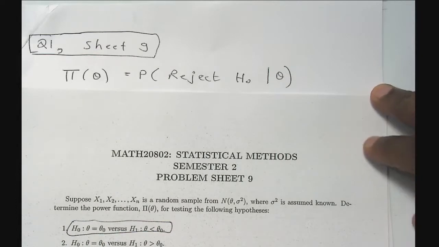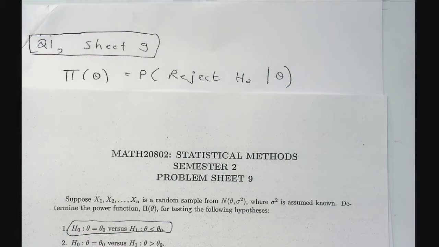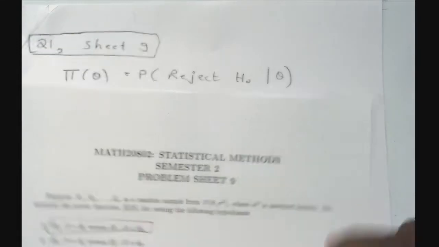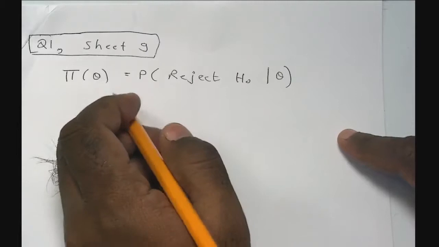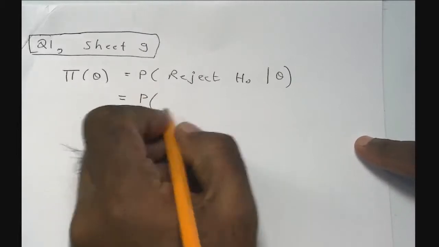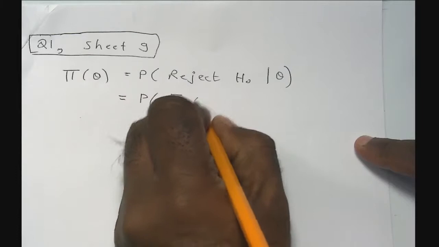If you look at the lecture notes, you will see that for the given hypothesis, the rule for rejecting the null hypothesis is root n divided by sigma times (x bar minus theta 0) less than minus z alpha.